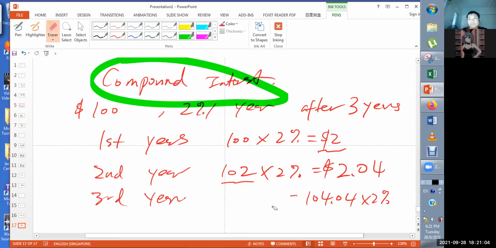What is the interest the third year? $2.08. Good. So can you add these 3 up? What do you get?